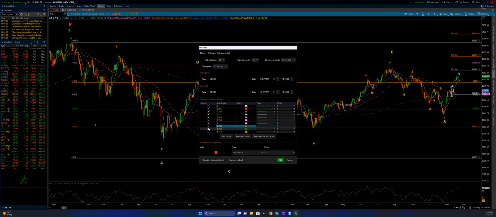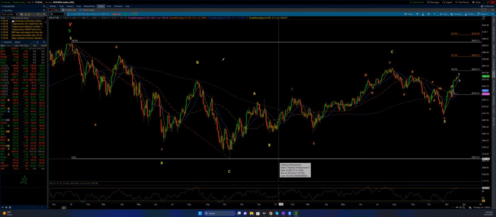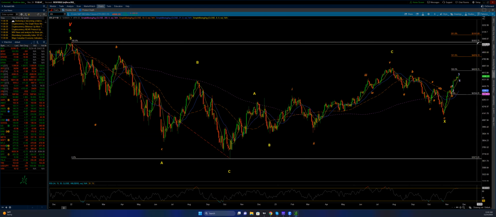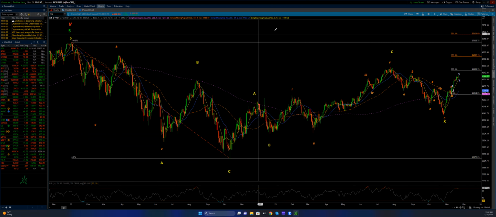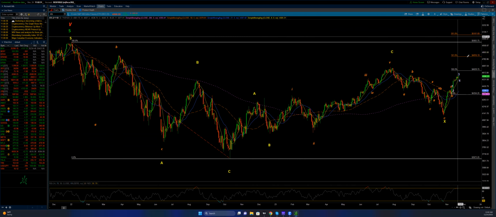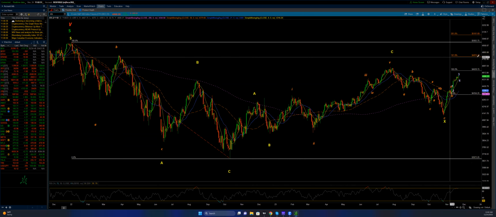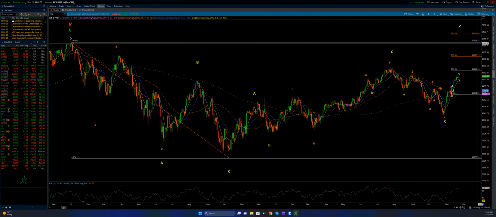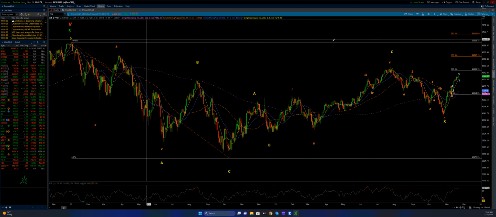I'm going to just go to that top side. Right, there's the 100%. Again, this is basis the December contract. That's why these numbers are going to look weird. So I have 1.618.